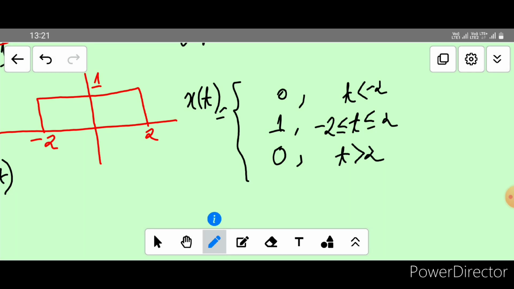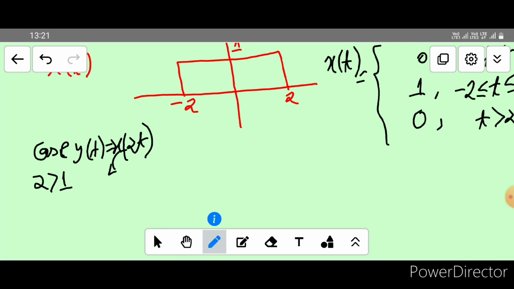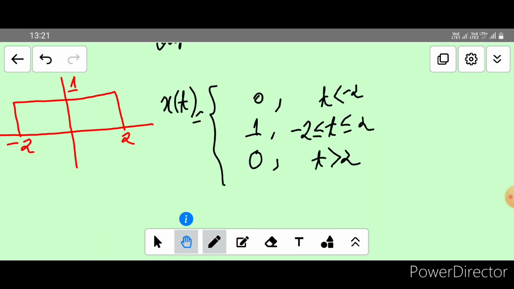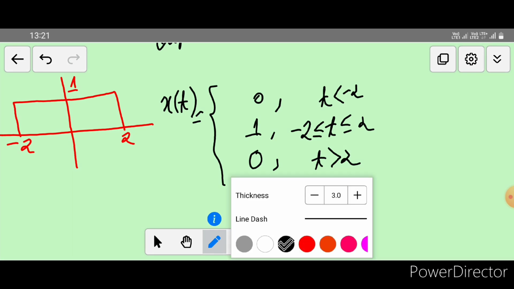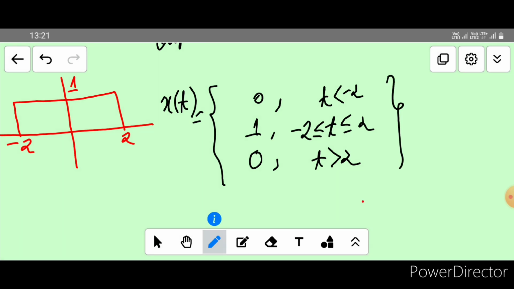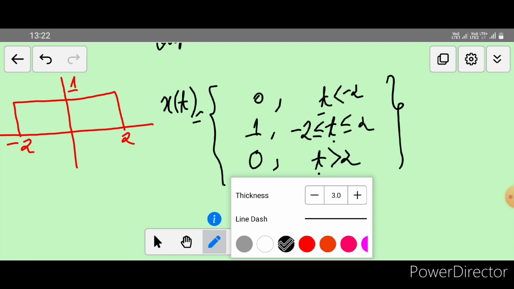Now, because of the scaling, our t is replaced by 2t. So we will replace all the t's in the time domain definition by 2t.